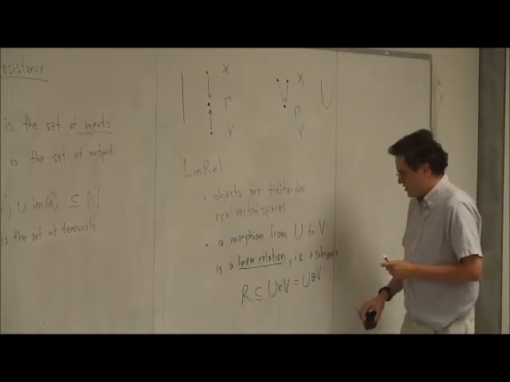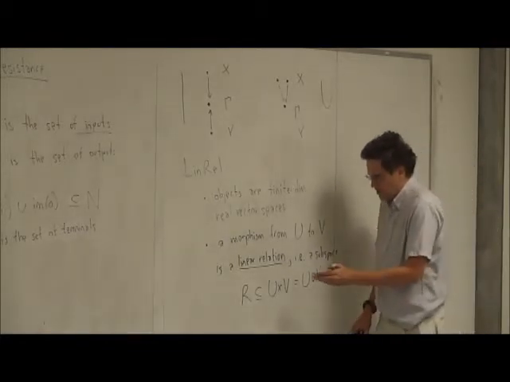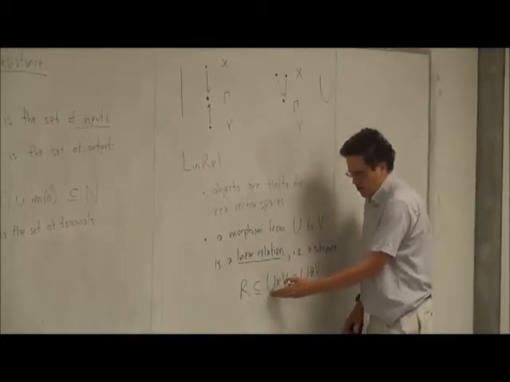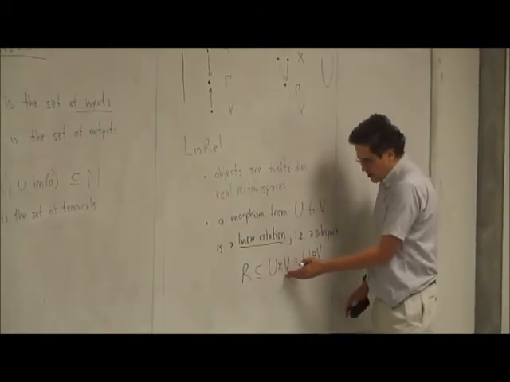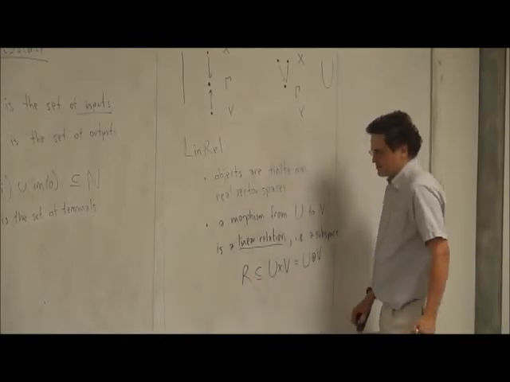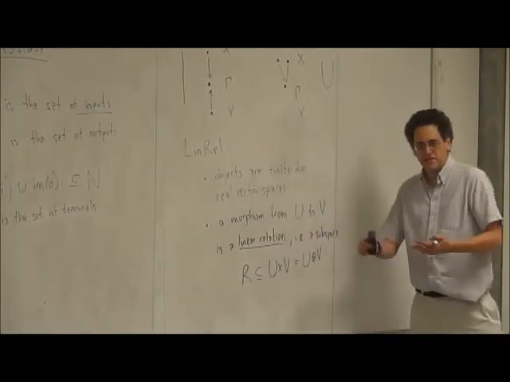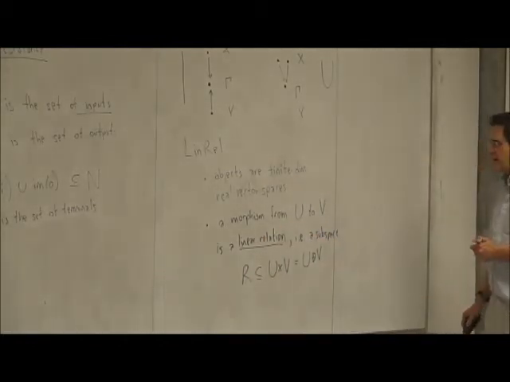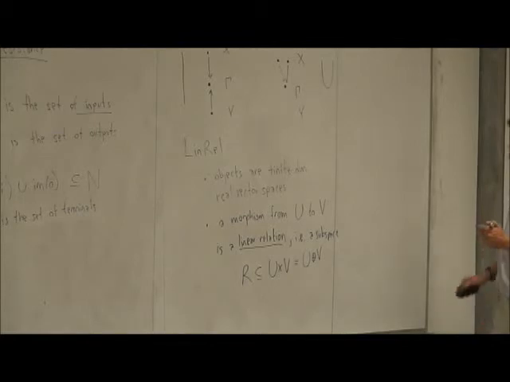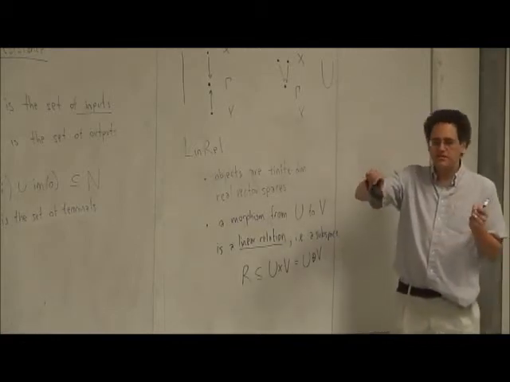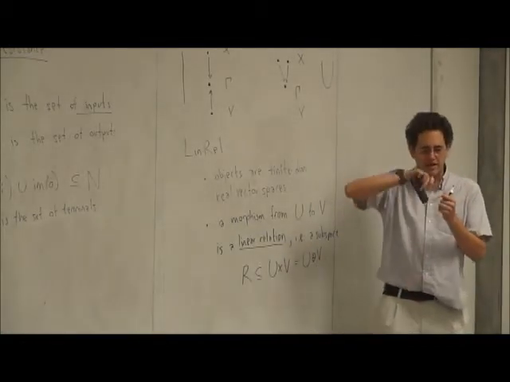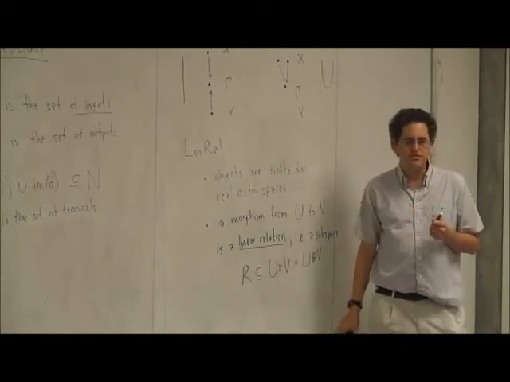So the idea is that certain vectors here are related to certain vectors here, and the ones that are form a subspace. Thus, it's a linear relation. It gets along with addition. Okay, and we compose relations in the way that I described once before. Basically, if I'm related to you and you're related to someone else, then I'm related to that someone else by the composite of those two relations.